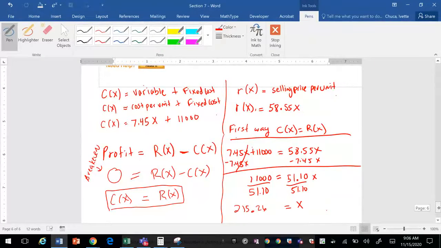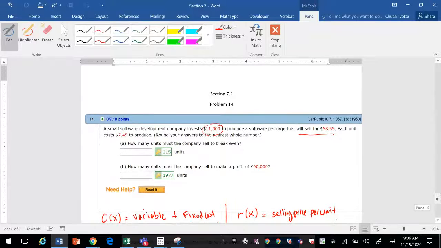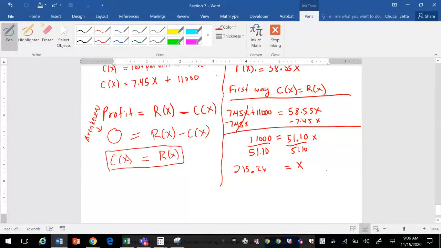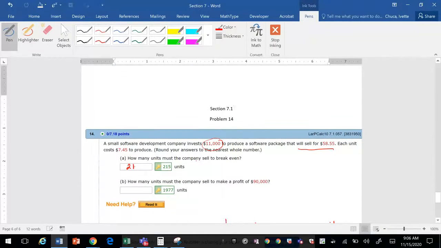But what x represents here is the number of units that have to be produced. These people are selling a software package, and it doesn't make sense to have 0.26 of a software package. So we're just going to round off to 215. So my first answer is we need 215 units to break even.